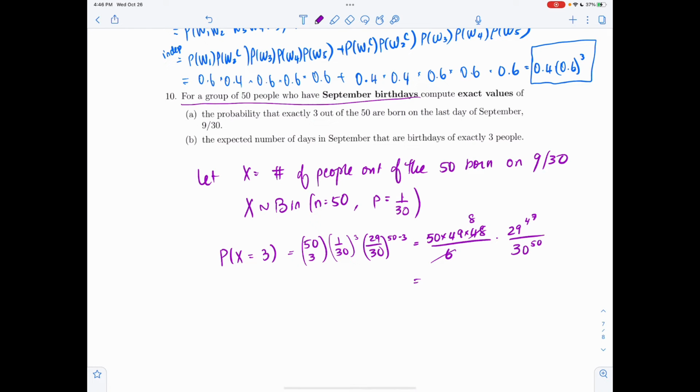Okay, so just trying to make it look nice. 400 times 49 times 29 raised to 47 over 30 raised to 50. Okay, so that was the answer to part A.